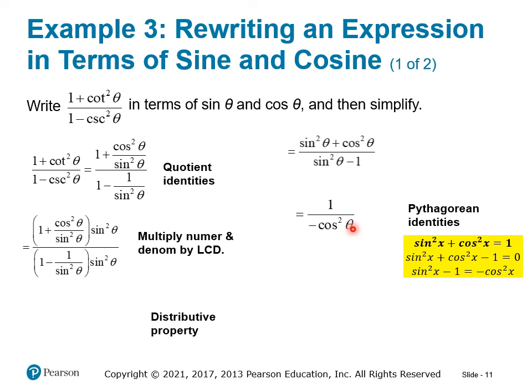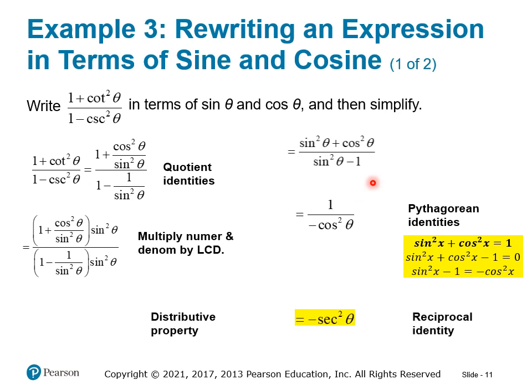Okay? So we have 1 over negative cosine squared by substituting in 1 from the Pythagorean identity for sine squared plus cosine squared, and substituting in negative cosine squared for sine squared minus 1. Of course, this isn't in its simplest form because 1 over cosine squared is secant squared.